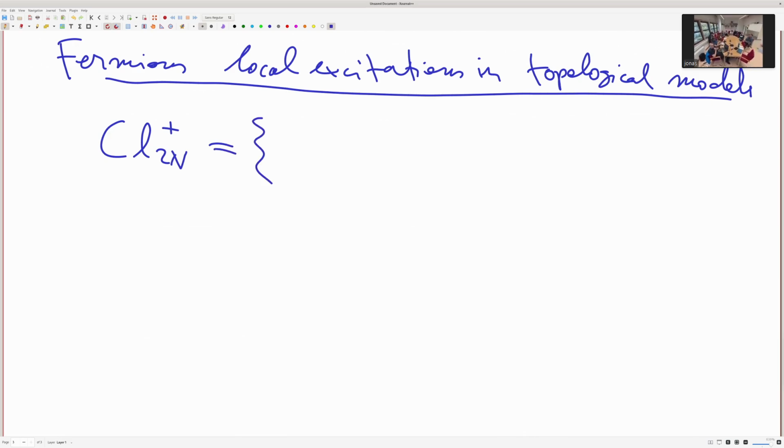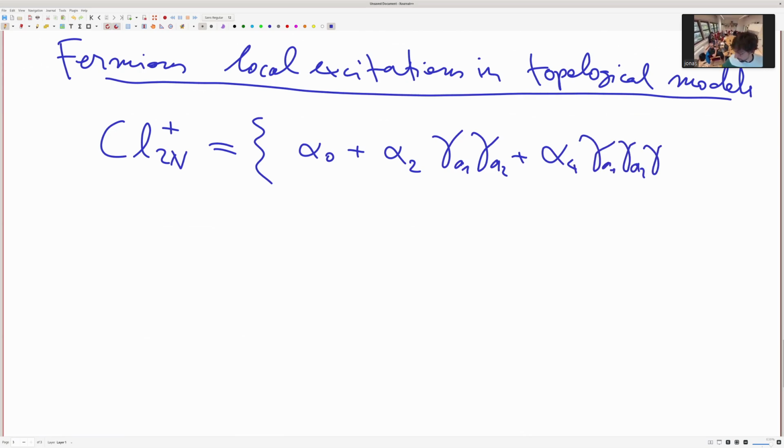This is basically the subspace of even products of these gamma operators. So we will only attempt to represent objects of this type. This is a sub-algebra in the sense that if you take products of these things, they will again be even, so it is closed under products and then linear combinations.